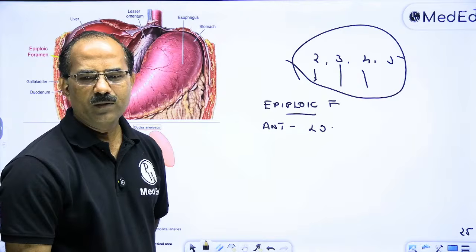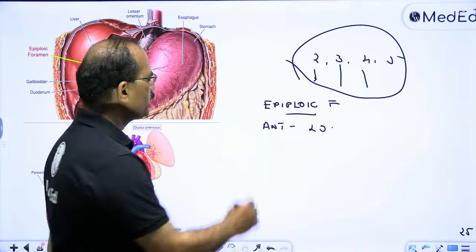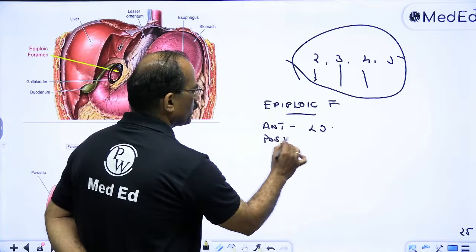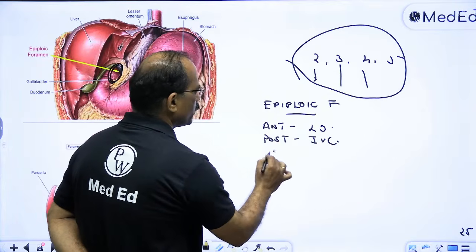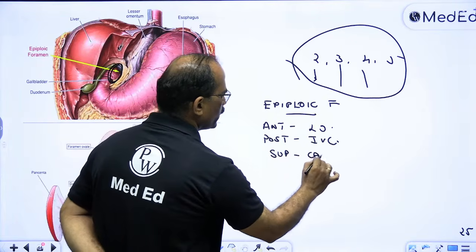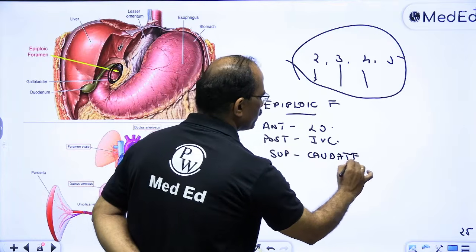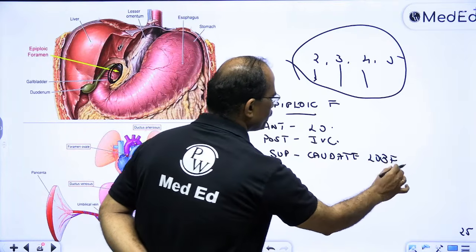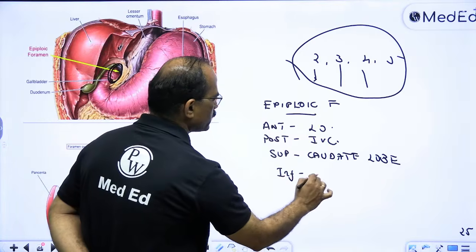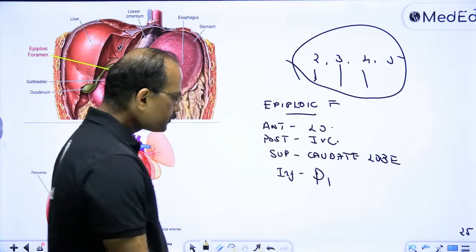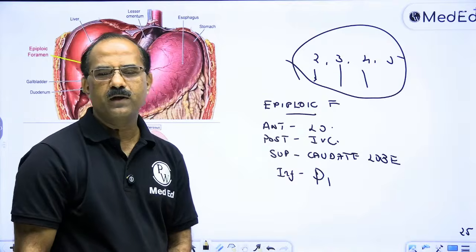Posterior is the IVC. Superior is the caudate lobe of liver. Inferiorly is the first part of duodenum.